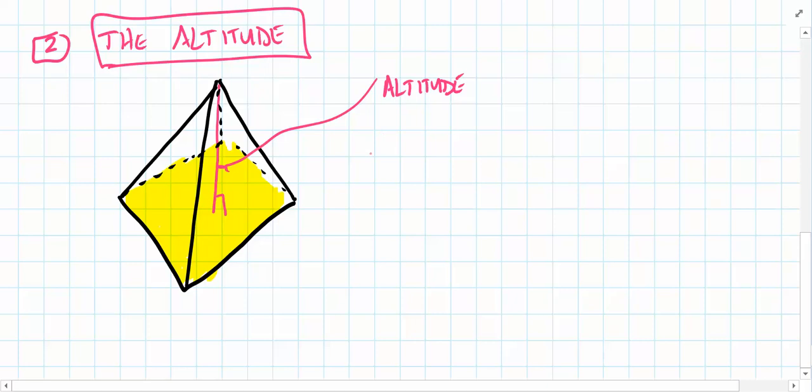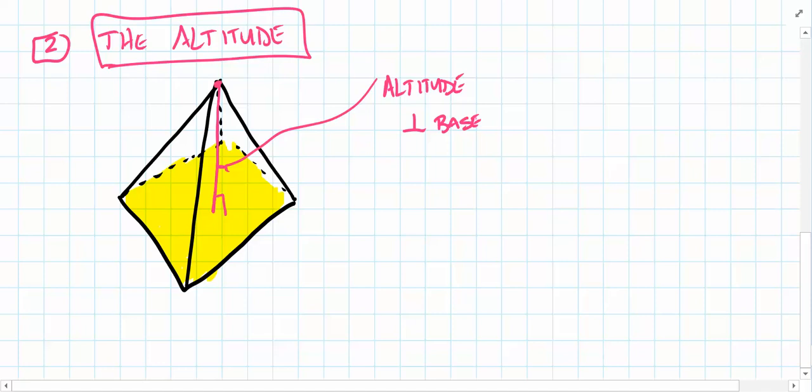It's almost like if you had a piece of string attached to the inside of the pyramid and let the string hang down and touch the base. That's where the altitude would be. It goes from the vertex straight down to the center of the base, perpendicular to the base. The altitude is always perpendicular to the base.